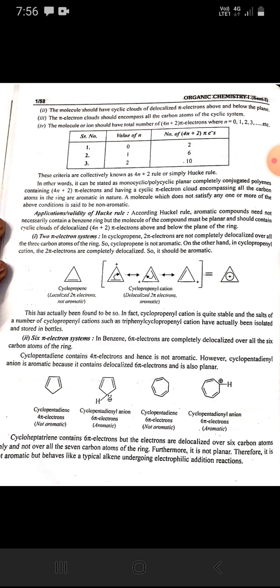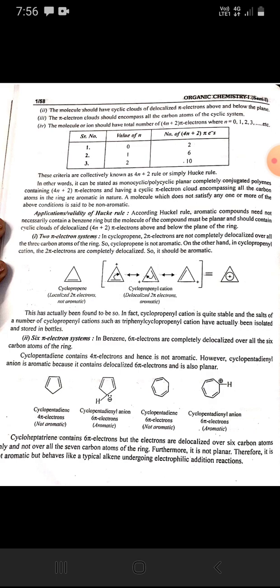The molecule or ion should have a total number of 4n plus 2 pi electrons, where n is equal to 0, 1, 2, 3, and so on. These criteria are collectively known as the 4n plus 2 rule or simply Huckel rule.